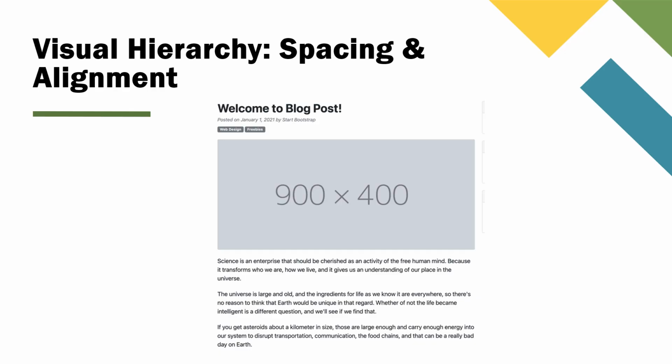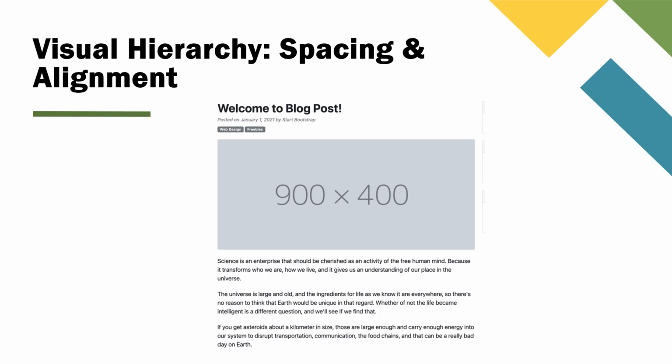Another way we can achieve visual hierarchy is through spacing and alignment, clarity and order. Items that are close together are perceived as related. Proper spacing between sections improves scannability. And then when you left align text, it's going to make it easier to read than, say, centered text in long paragraphs.